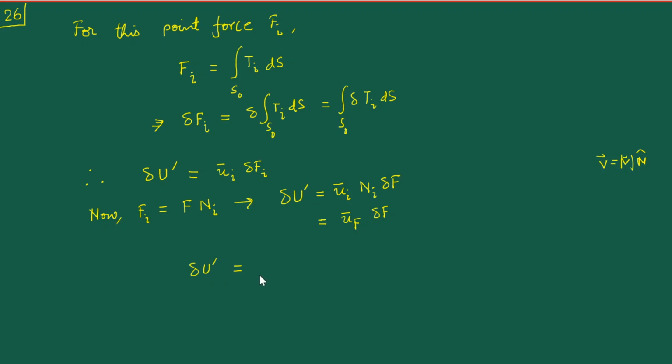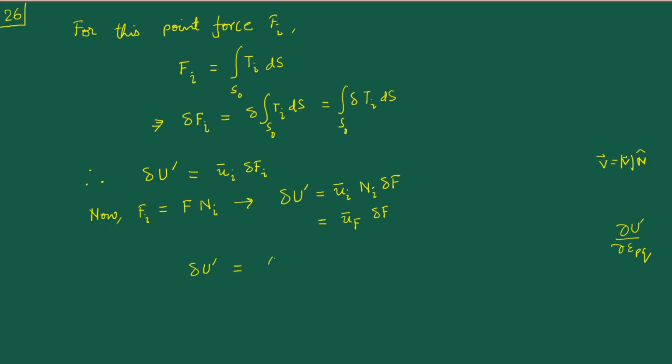Earlier we had written things like del u dash del epsilon pq and those kinds of things. What I want you to think now is that we directly want to make a connection between this u dash and the force which is variable, because the strains that are being generated in the body represent the deformations. Those deformations are actually brought about in response to these forces.